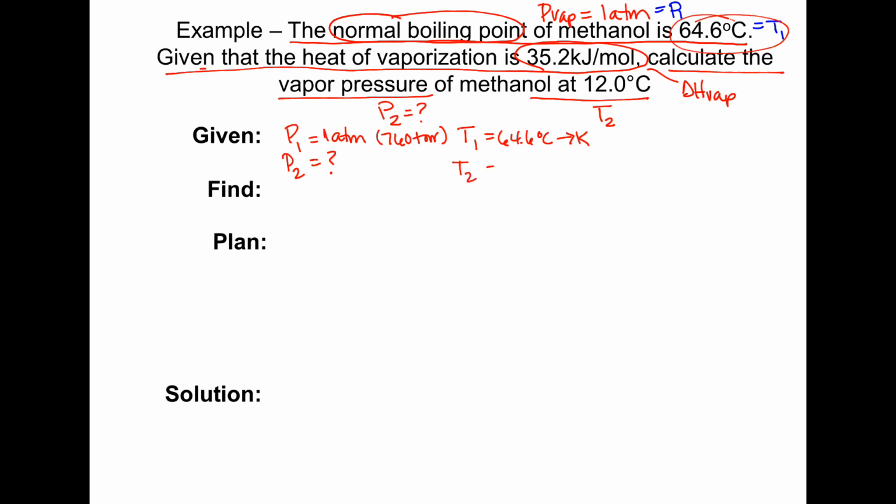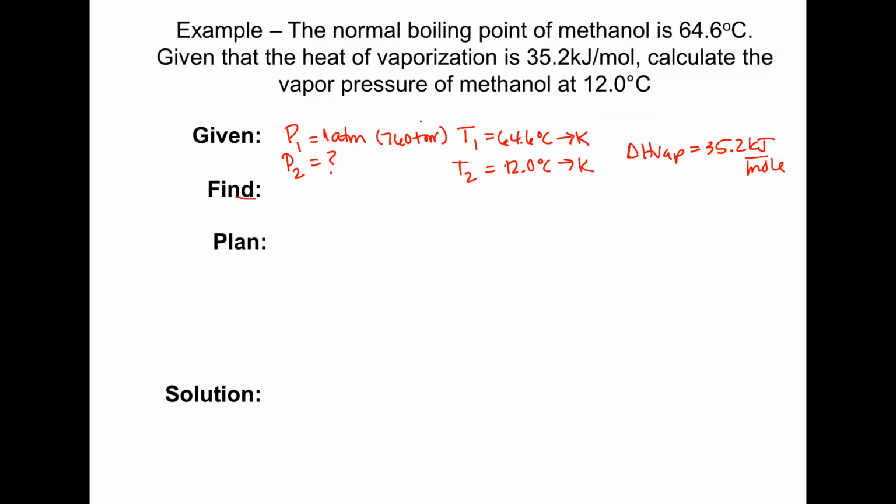Our T2 is 12 degrees Celsius. I'm also going to have to put that in Kelvin. And then I have our delta H of vaporization, which is 35.2 kilojoules per mole. So what I'm trying to find is my P2 there. And the equation that I know that has to do with 2 pressures and 2 temperatures and the delta H of vaporization is the Clausius Clapeyron equation. So I'm going to write that equation out so that I know what I'm working with.